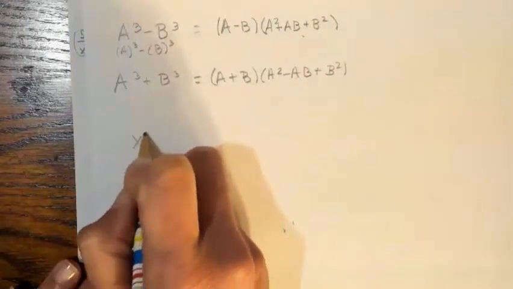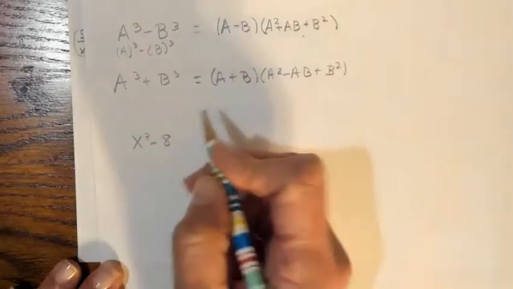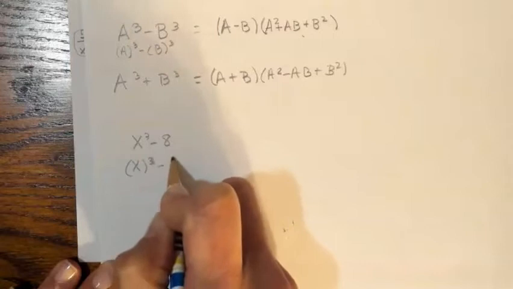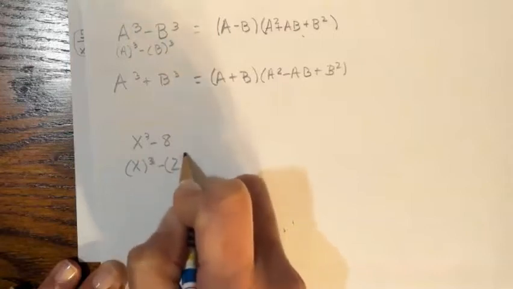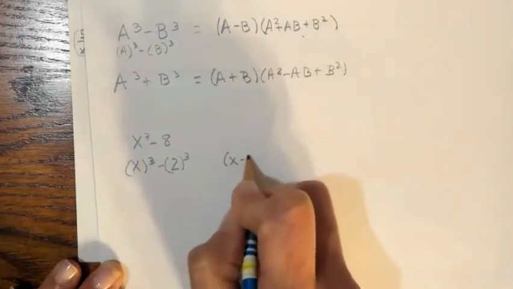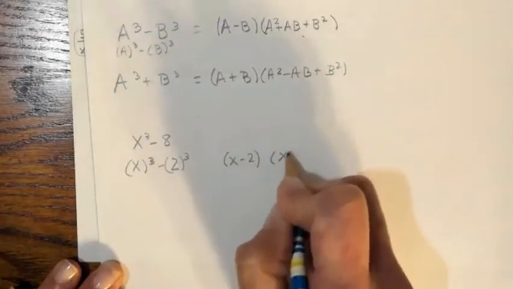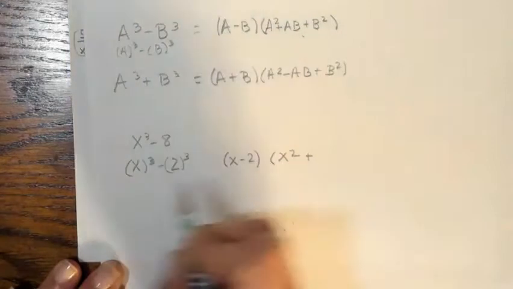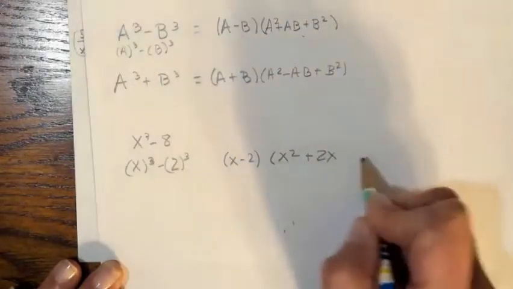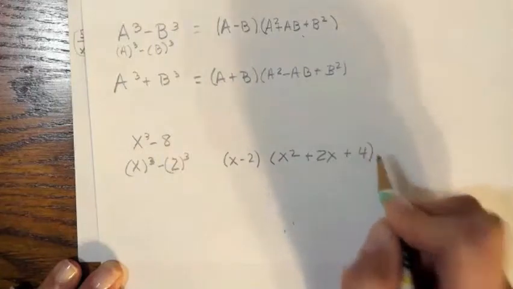So if you had x to the third minus 8, well, this is x to the third minus 2 to the third. So then that would factor into x minus 2 times x squared plus, I multiply those together, 2x, and then I square the 2 and it would get 4.